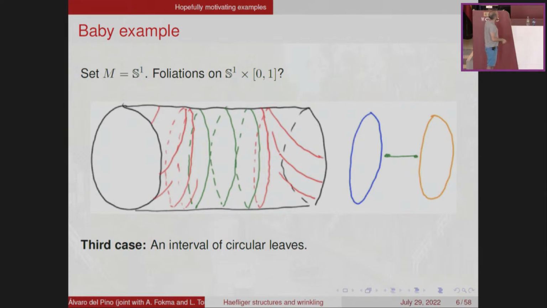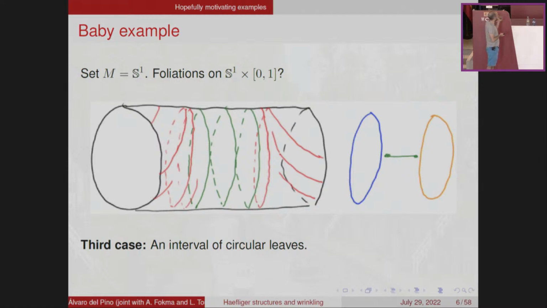A little variation you can do is that, because now I have an interval worth of circles, these are fully single leaves without holonomy. I could replace the holonomy by some non-trivial diffeomorphism of the interval. That would kill some of the leaves, making them not closed and so on.